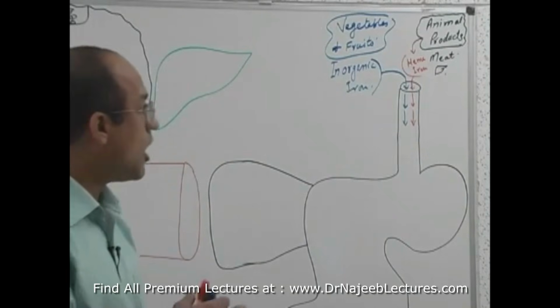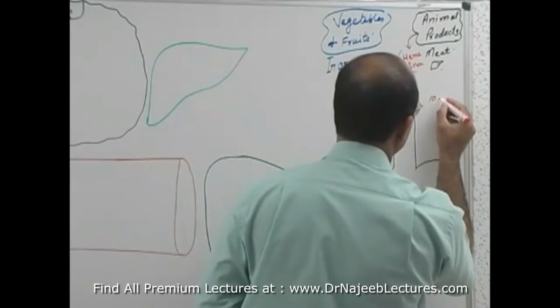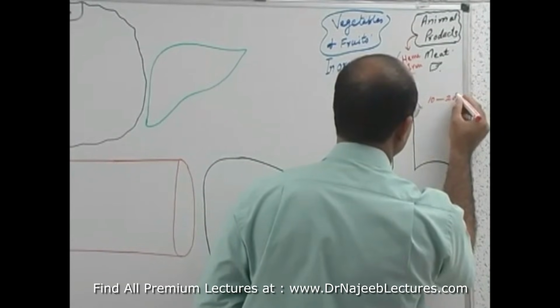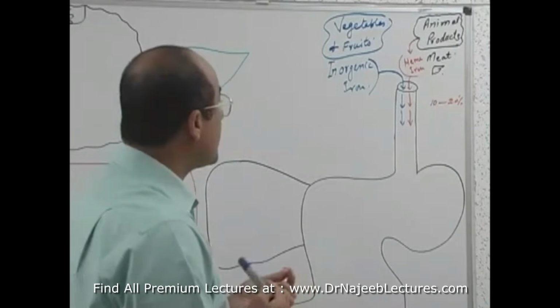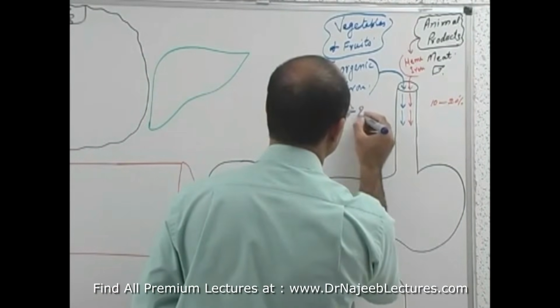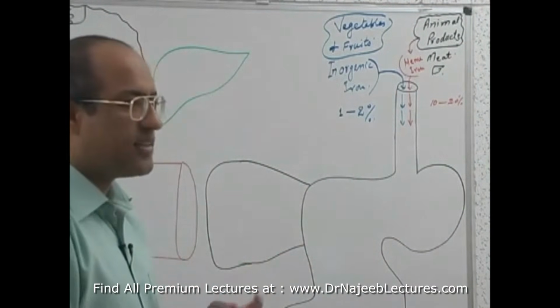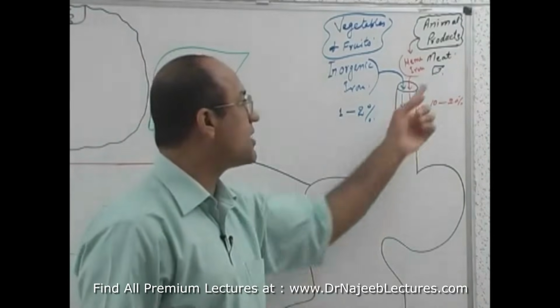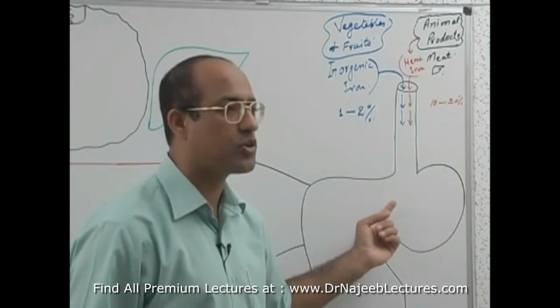For example, out of heme iron, 10 to 20% can be absorbed, right? But in inorganic iron, only 1 to 2% can really be absorbed. So it's not enough to know how much iron is going. It's also very important to know what type of iron is going to your GIT.